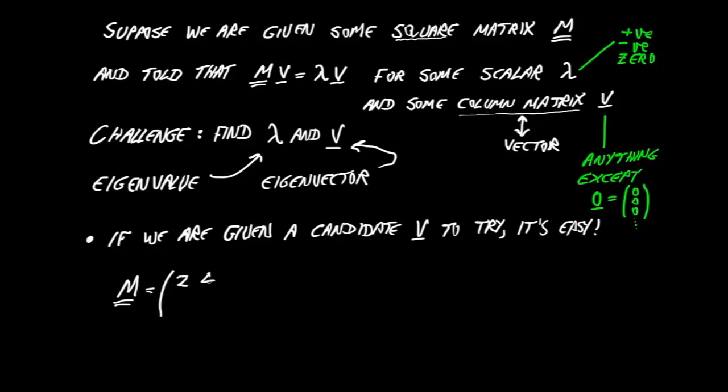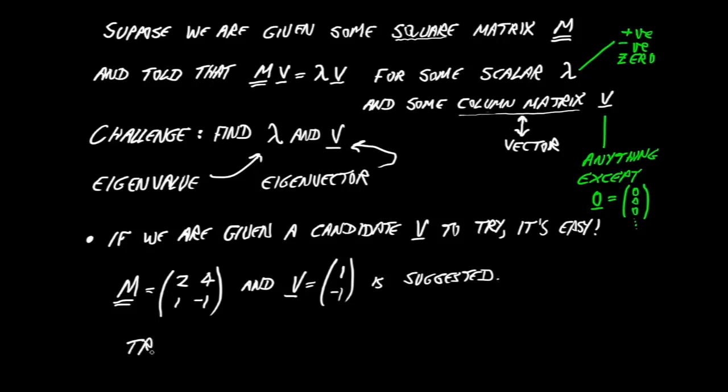So here's a square matrix, a 2 by 2, 2, 4, 1, minus 1, and suppose we write down V is equal to 1, minus 1, and this is suggested as a possible eigenvector. Well then, we would just test it out to see if it matches our equation. We need to try multiplying M by V. So here we go, 2, 4, 1, minus 1, and V is 1, minus 1 as a column.